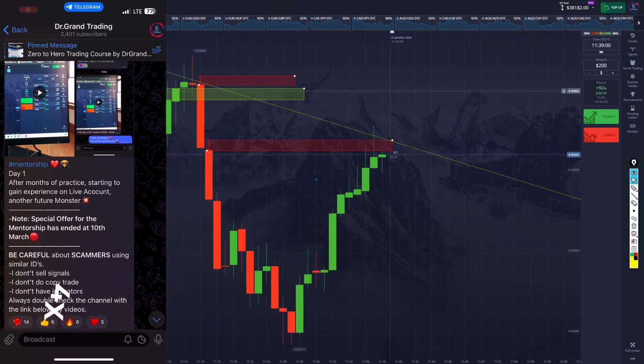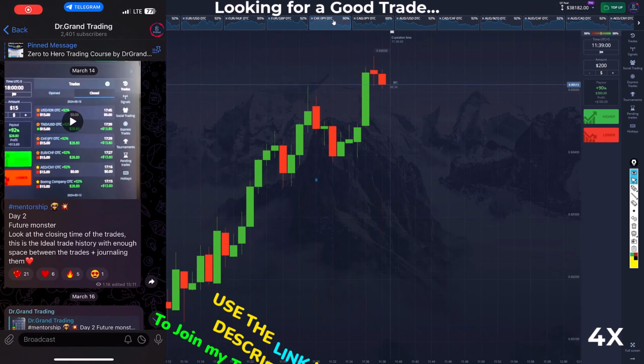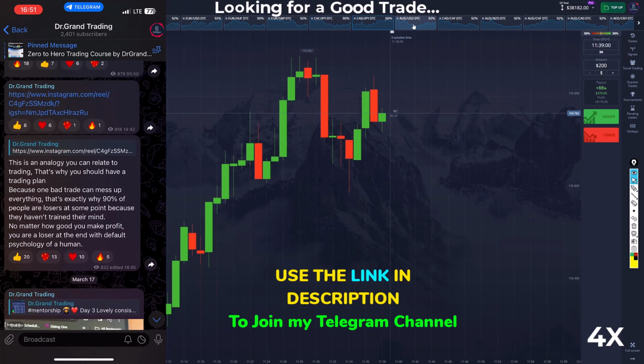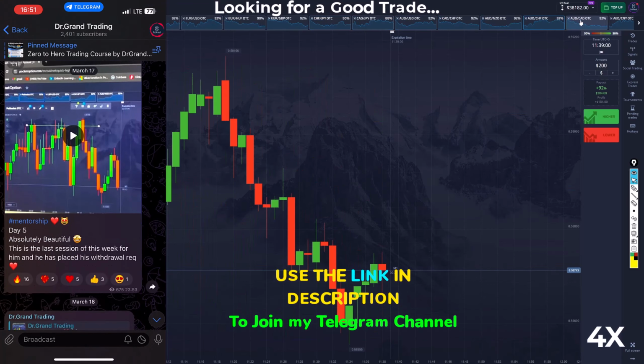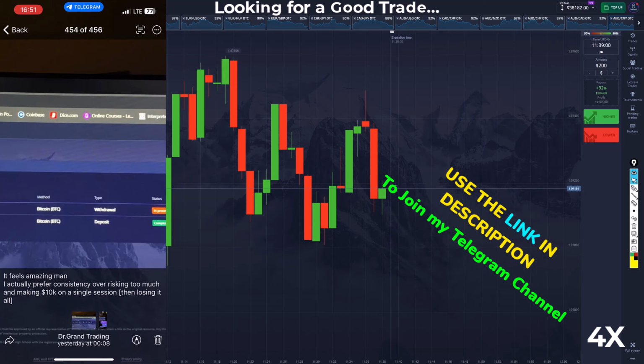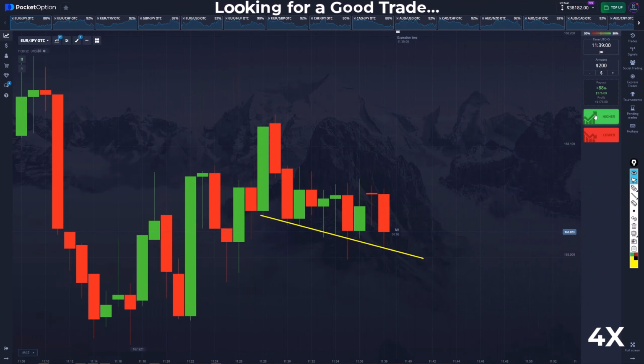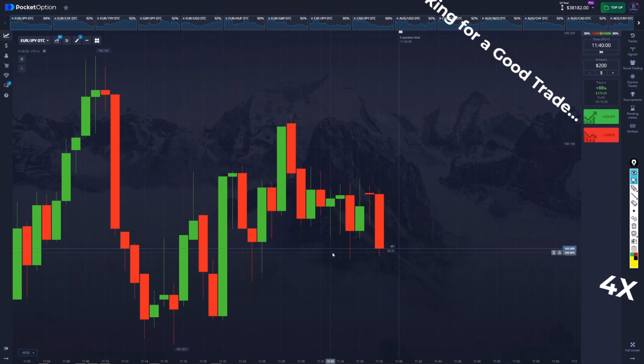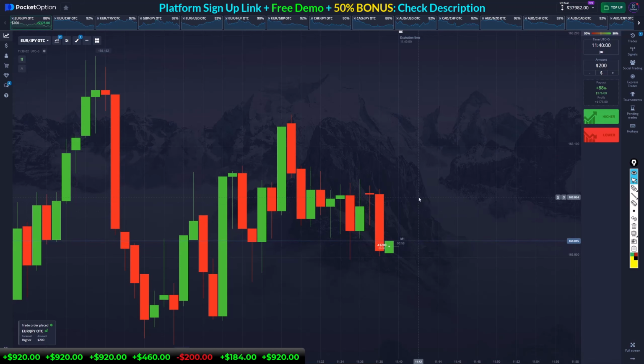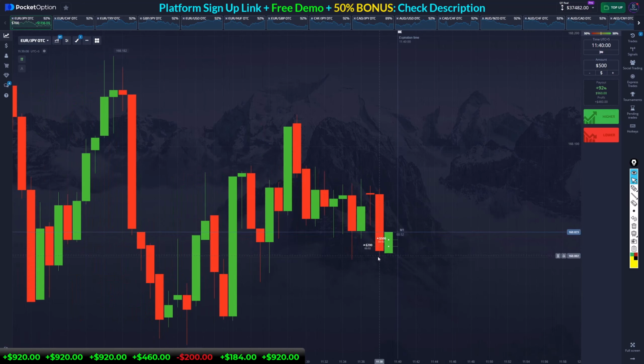I don't see any. I don't want to take this buy right now. Let's go. I got 2 trades on this pair.